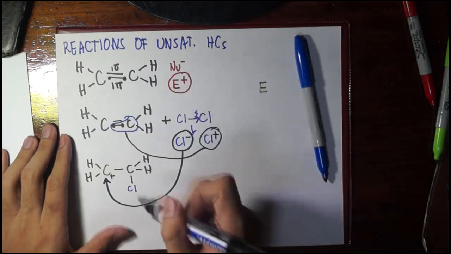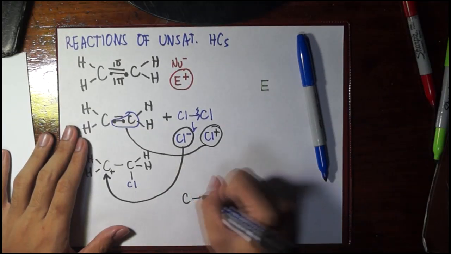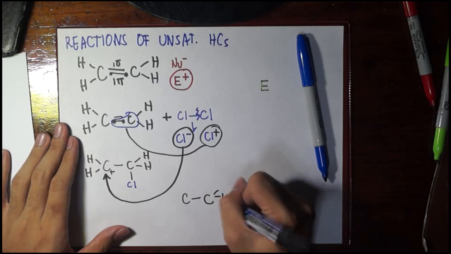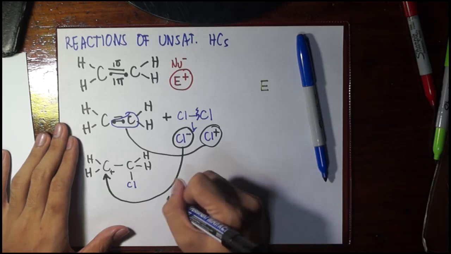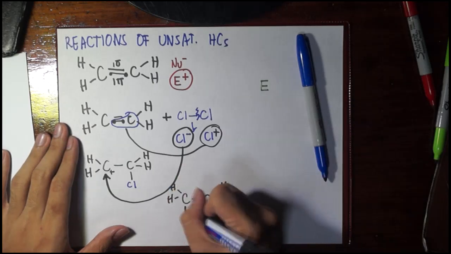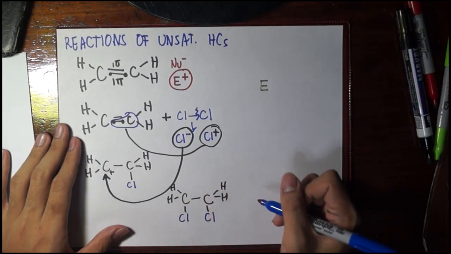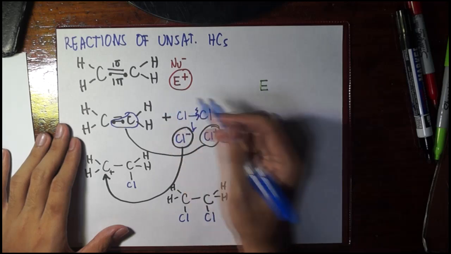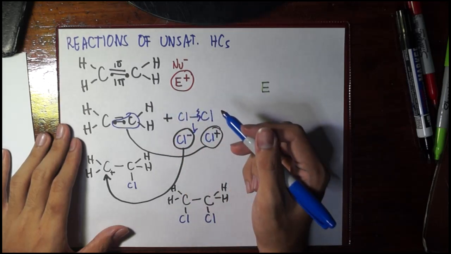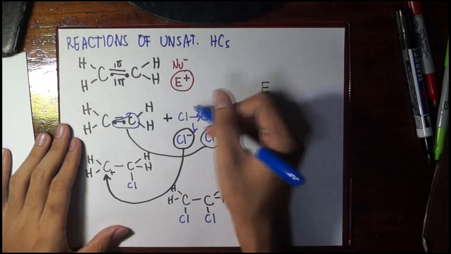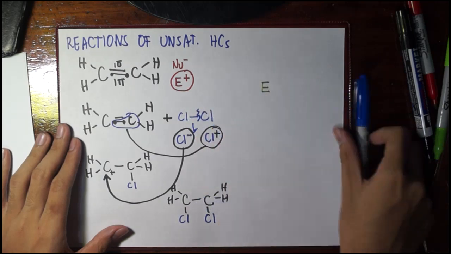And so as a result, the final product would be both chlorine atoms bonded to the alkene. Alright, so in short, you actually just add both of these chlorines to the alkene.